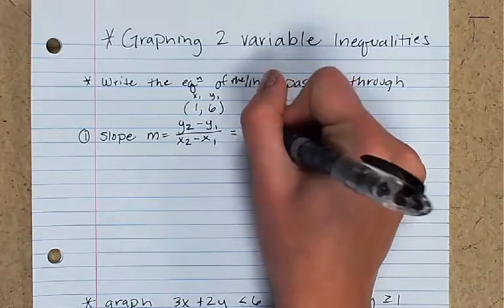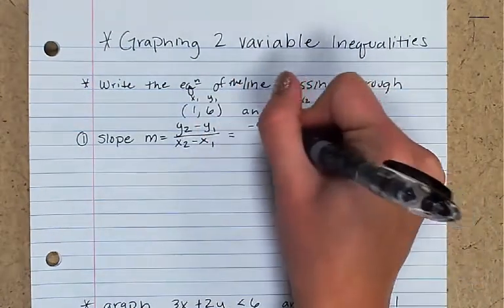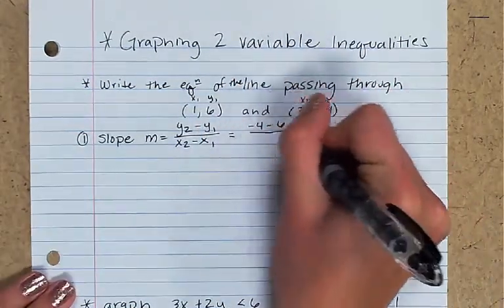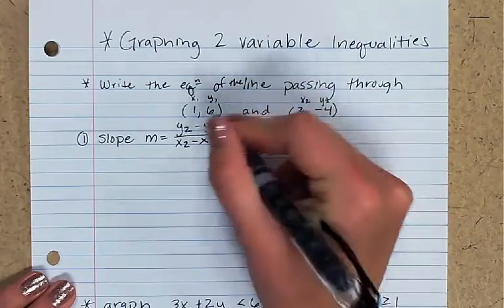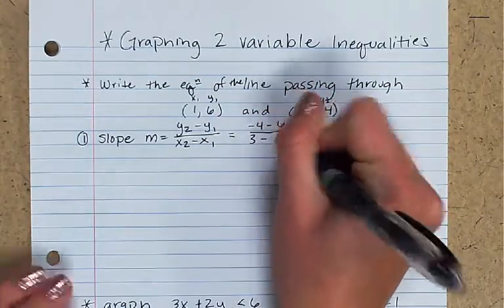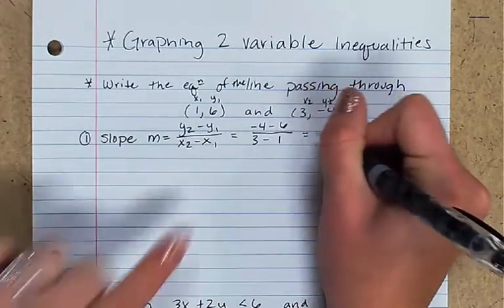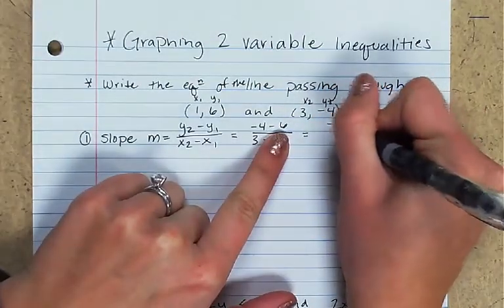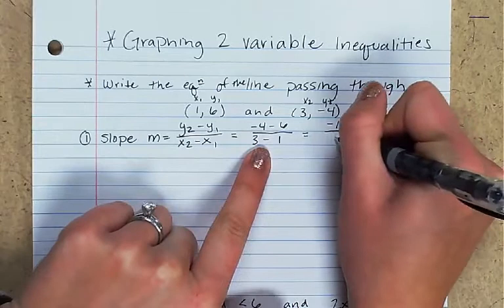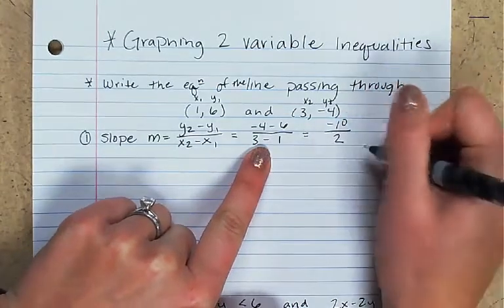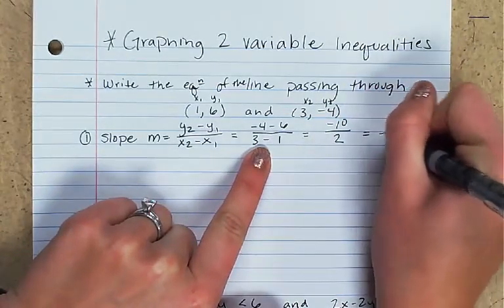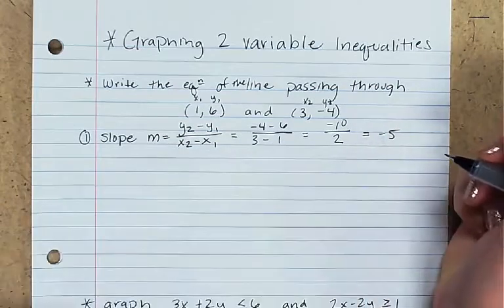So again, y2, -4, minus y1, which is 6, over x2, which is 3, minus 1, x1 there. So -4 minus 6 more puts us at -10 over 3 minus 1 is 2. We can simplify that. -10 divided by 2 is -5. So there is our slope.